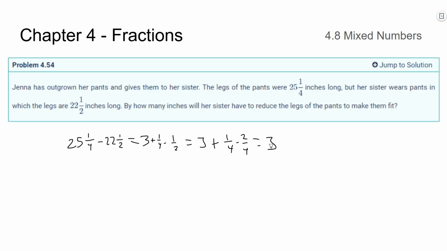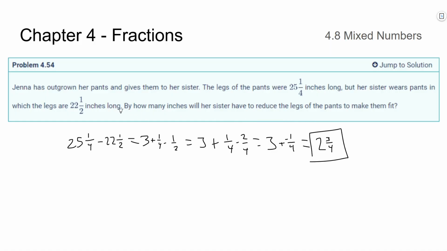So now we have 3, and 1 minus 2 would be -1/4. So it would be adding a -1/4, right? Which would be subtraction. So 3 minus 1/4. You take away 1/4 from an integer here, then you'd be left with 3/4 of that integer. And so that's your answer.